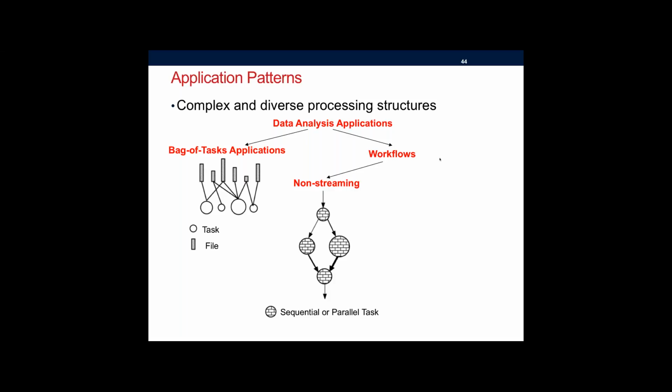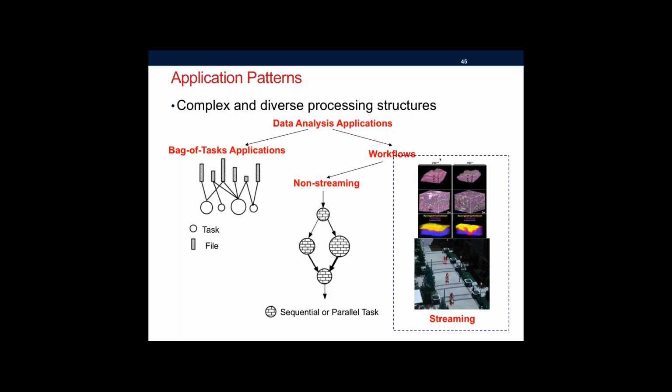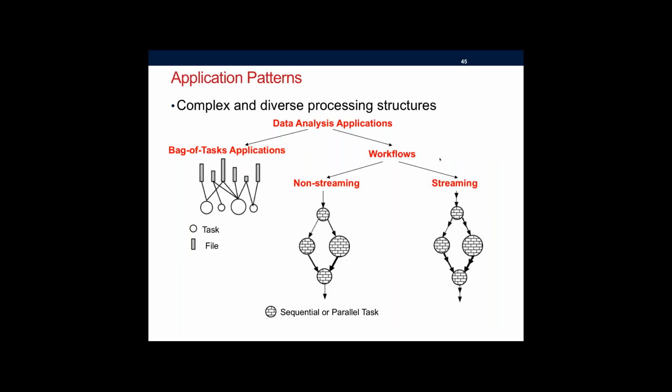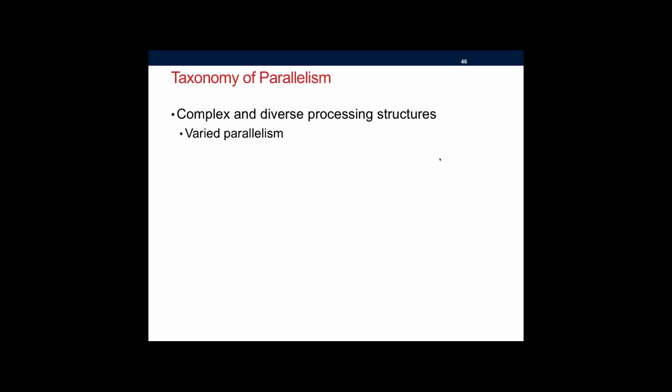Part of it, maybe you can do in parallel, but you need to do the first task, then you can do the second and third tasks in the second level, and so on and so forth. And the third class of application is where you still have a workflow, but you have multiple data elements that you can run through that workflow. I'll call them streaming applications.